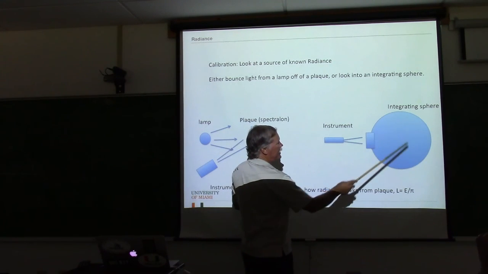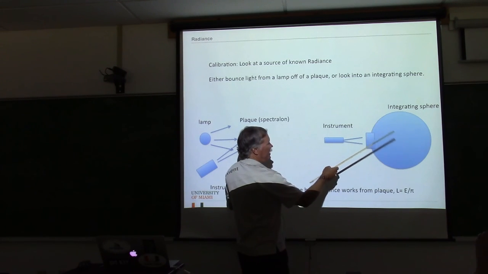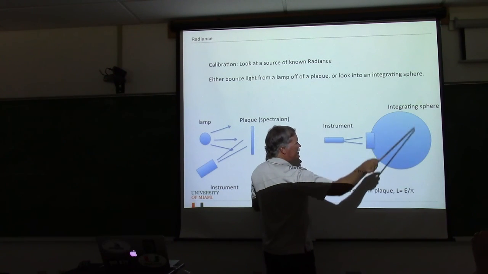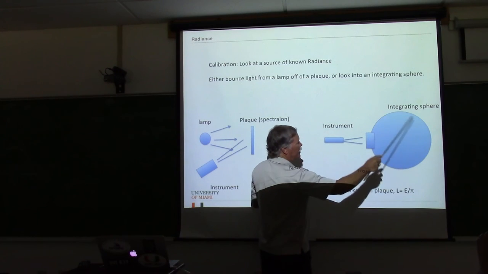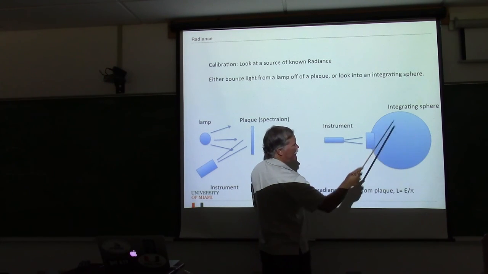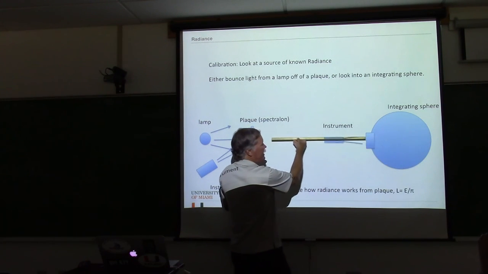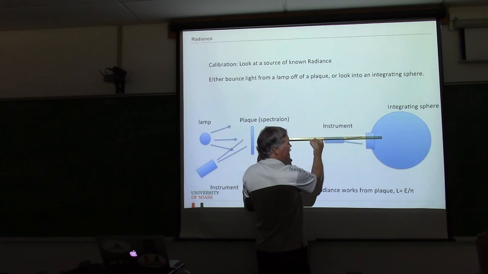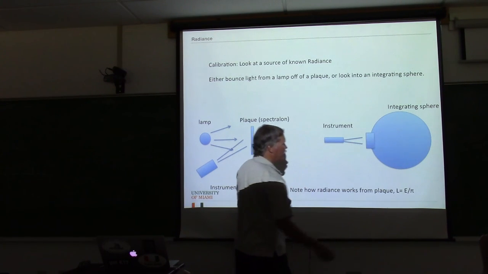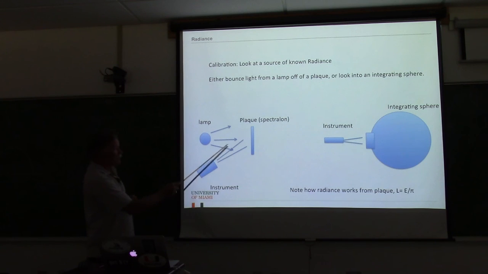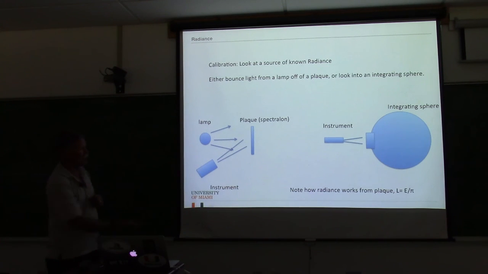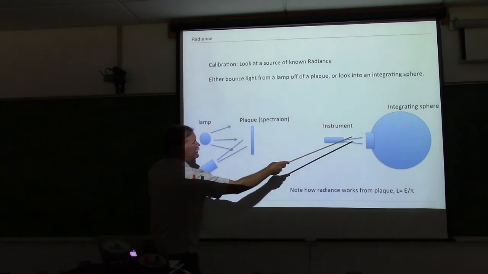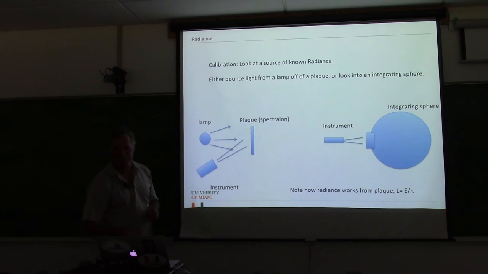Or there are integrating spheres that you can get. They're all white coated on the inside, so the light reflects multiple times, and you have your instrument view the inside to get a nice uniform source of radiance. Most of the time people use the plaque; it's a lot easier to set up and keep calibrated than that device. Yes, sir?